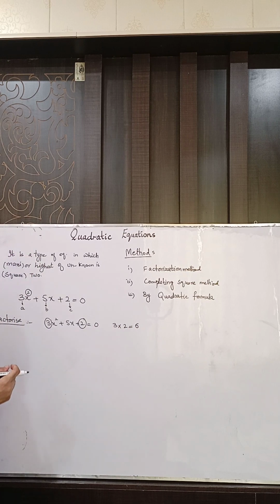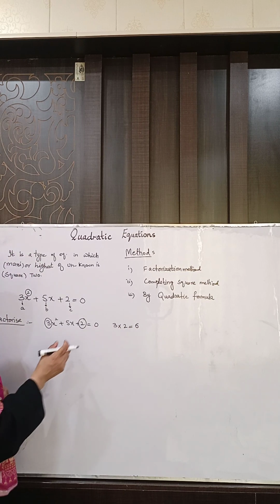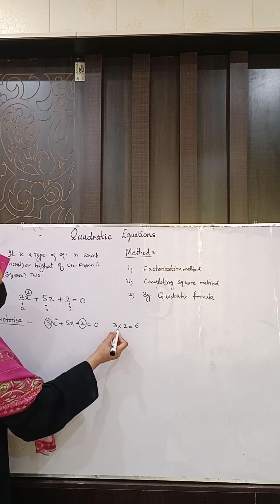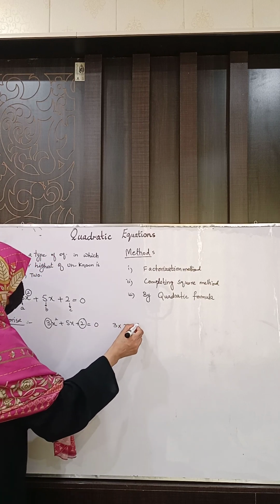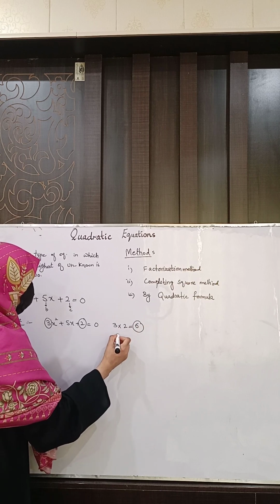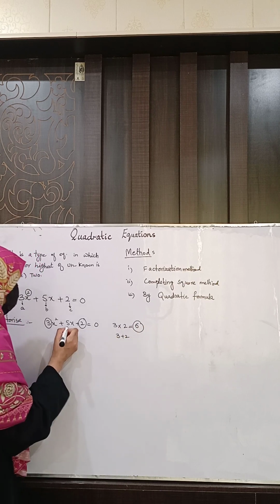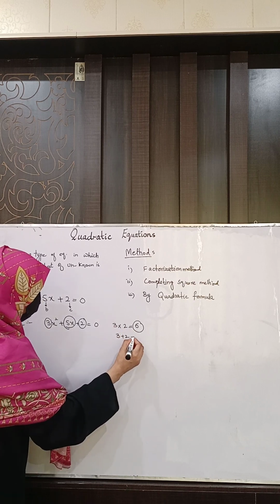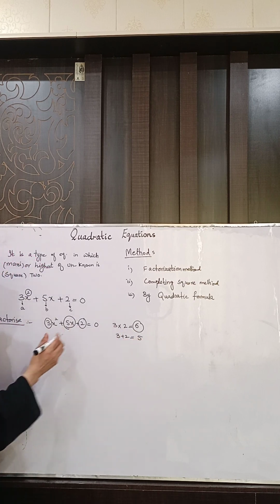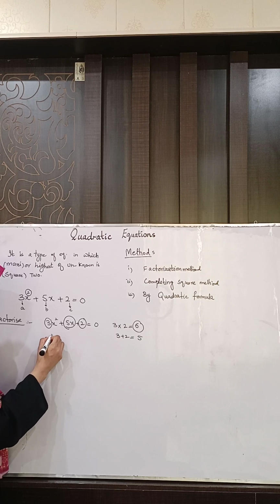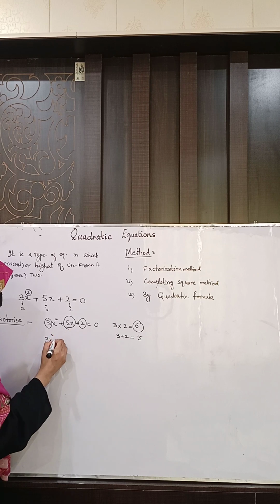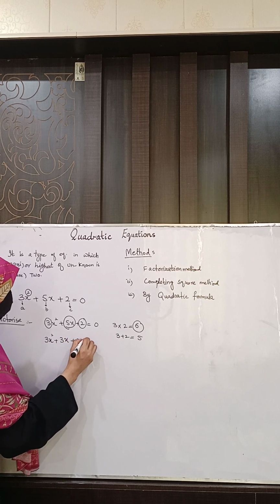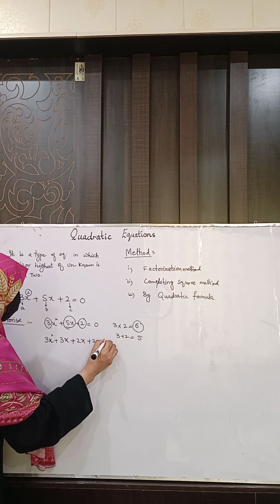Now we should form numbers which multiply to 6 and add to the central value. Simply, 3 into 2 is 6, and 3 plus 2 is 5. So we can make factors of this as 3x square plus 3x plus 2x plus 2 is equal to 0.